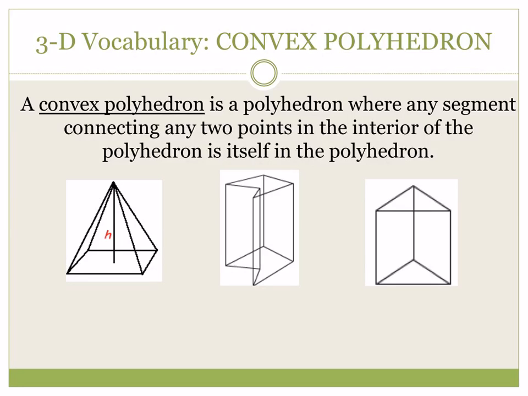It has this sort of indenture in the side of it that if I were to connect opposite points across that, I would cross outside my shape. The third one also would be convex. So the middle one, if it's not convex, do you remember what we called it? Concave. Yes, good job.